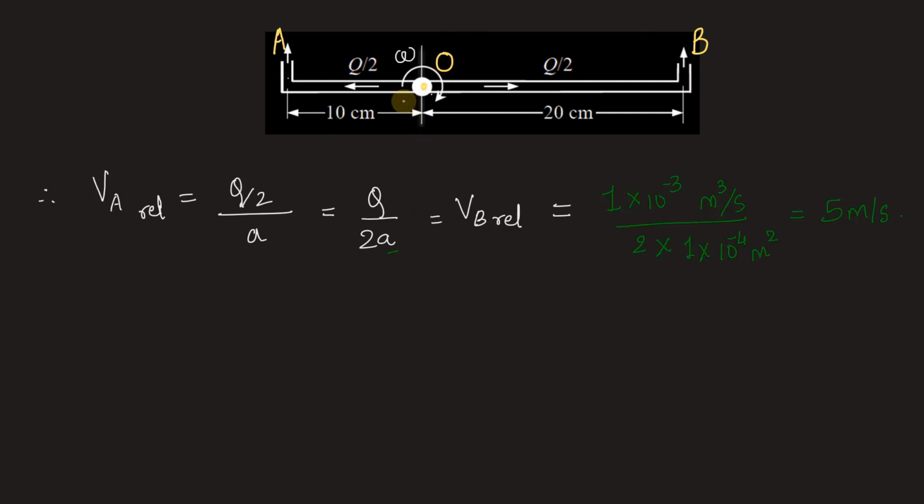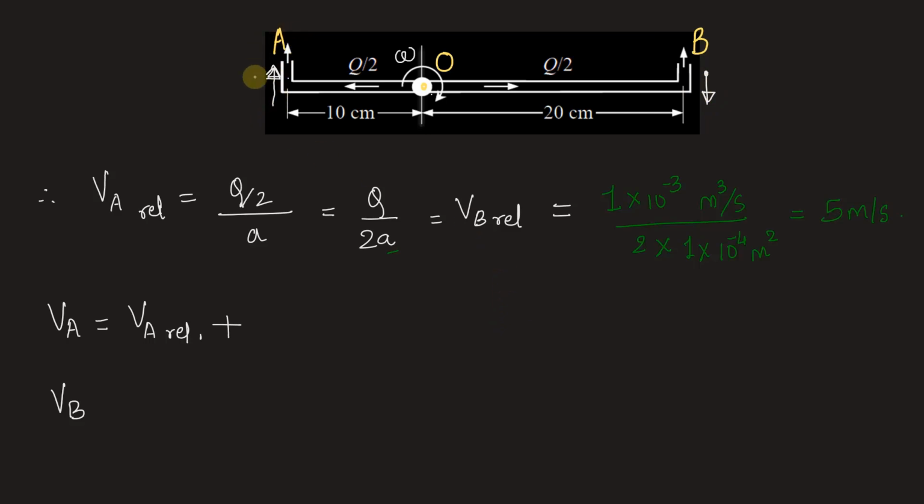Now in order to find out the angular velocity of sprinkler, we will have to find the absolute velocities at point A and B. Let them be VA and VB. So by definition, absolute velocity will be equal to VA relative plus, now as the sprinkler is shown to be moving in clockwise direction, point A is going to go up because of this rotation while point B is coming down because of this rotation.